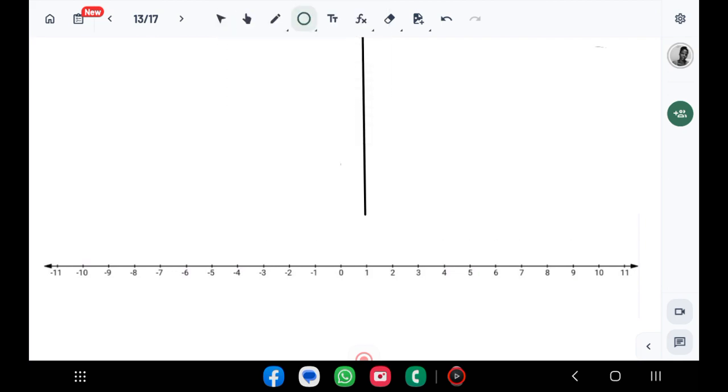So we've got negative 3, that's a hollow one because it's not included. And then we've got 3, also hollow because it's not included. And then we've got our 9, which will be a solid dot because it is included.